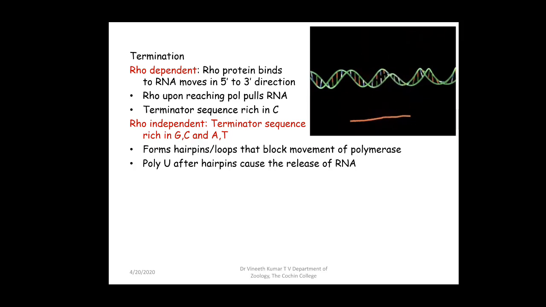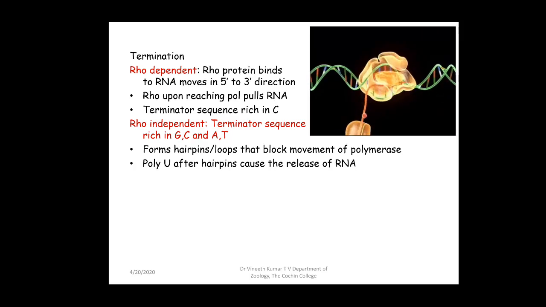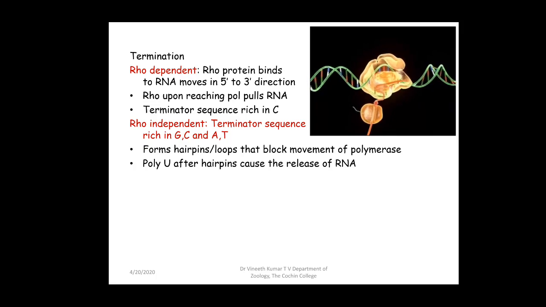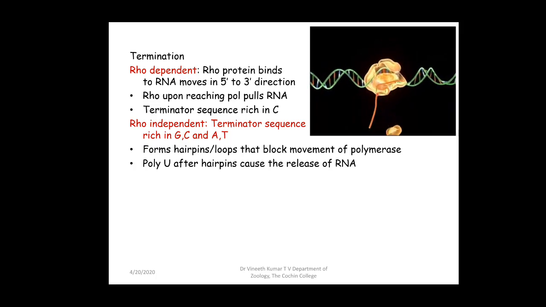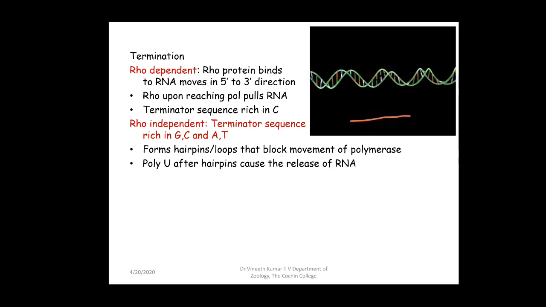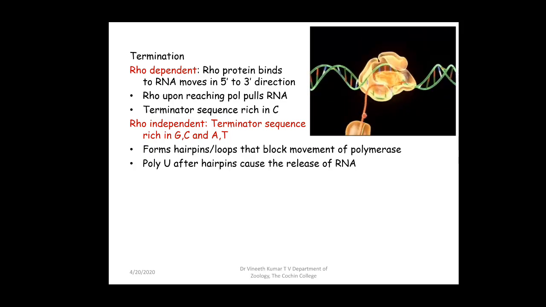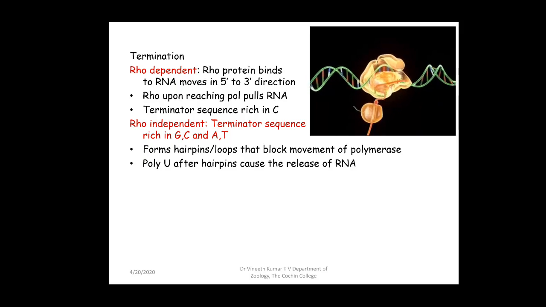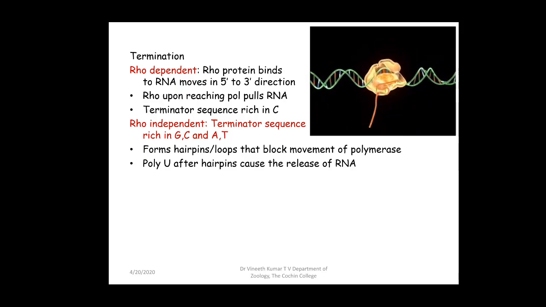In the first case, the termination is dependent on a protein called the rho protein. This protein binds to the mRNA and moves along the mRNA in the 5' to 3' direction toward the polymerase, and it separates the RNA transcript from the DNA to which it is bound, and thus termination occurs.